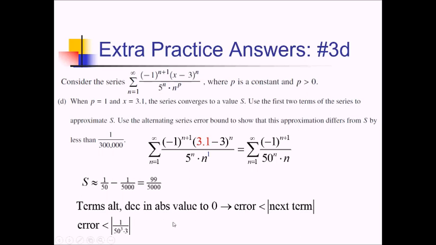So we're multiplying that by 3. That's going to be 1 over 375,000. Since 375,000 is a larger denominator than 300,000, that means that this fraction is smaller than 1 over 300,000. And that proves what they asked us to prove here.